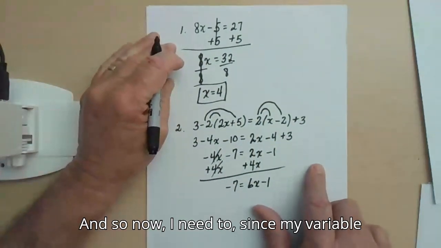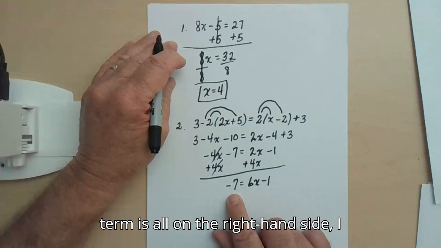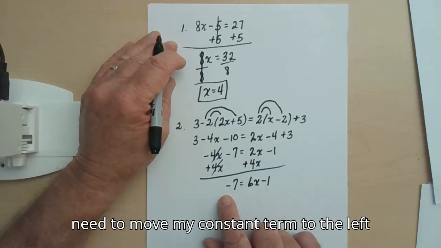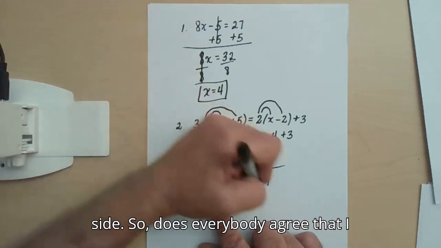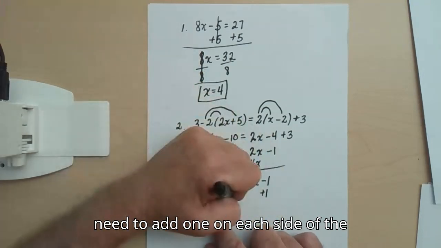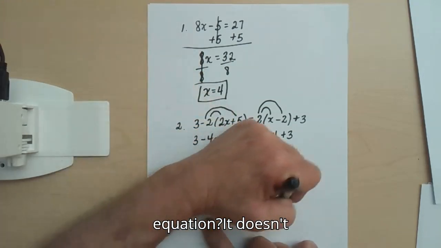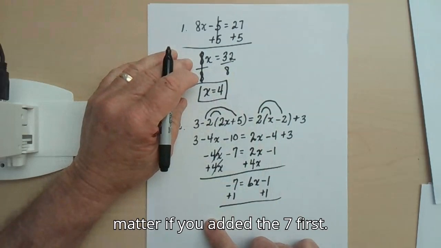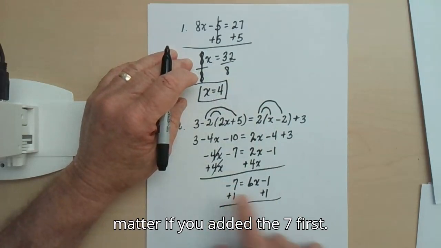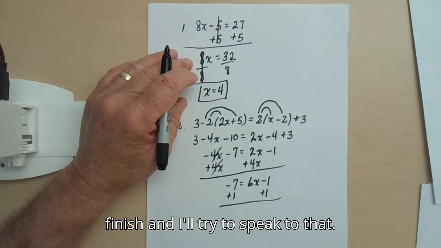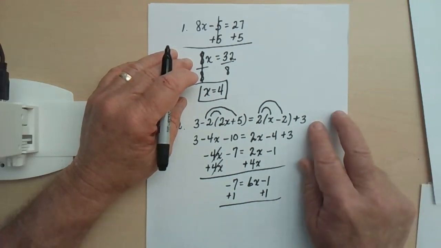And so now, since my variable term is all on the right-hand side, I need to move my constant term to the left side. So does everybody agree that I need to add 1 on each side of the equation? It doesn't matter if you added the 7 first or the 1. We'll talk about that in a minute. Let me finish, and then I'll try to speak to that.